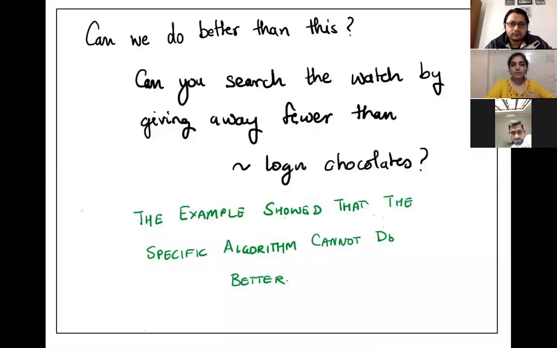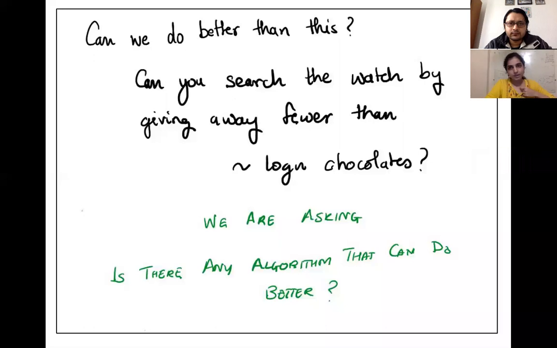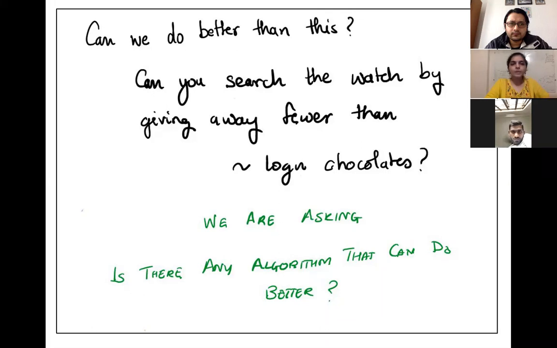But when I ask you an impossibility result, it's asking something more. What we are really asking is: is there any algorithm that can do better than log n? We were clever enough to come up with a binary search algorithm, but maybe there is some other intelligent body sitting somewhere who may be able to come up with even better algorithms.